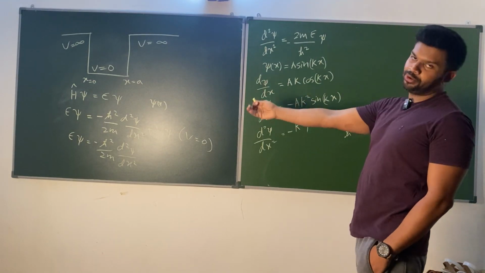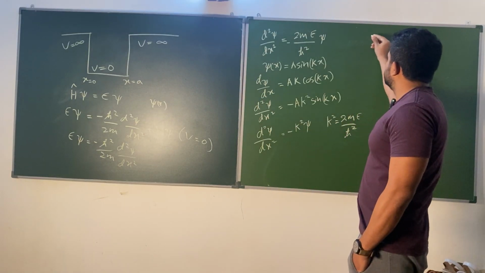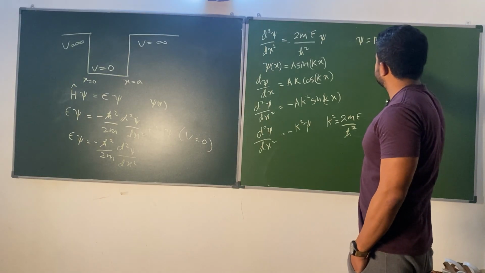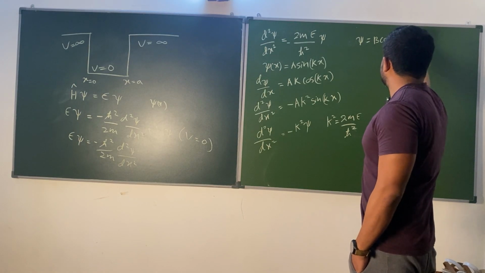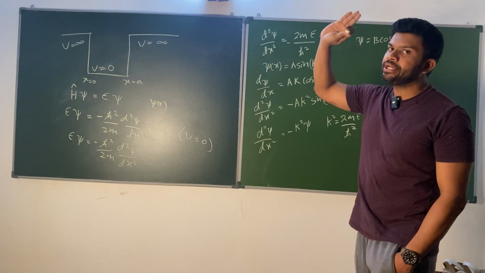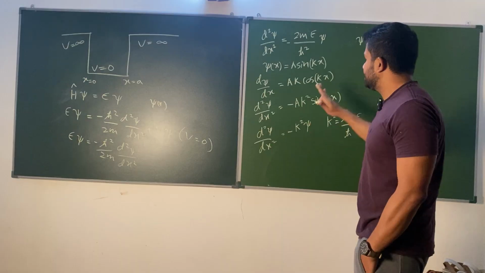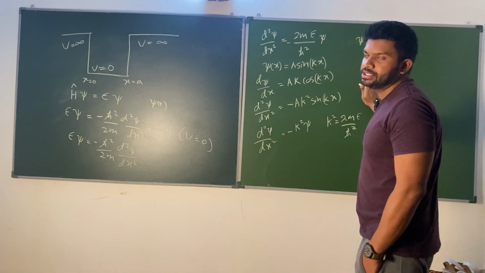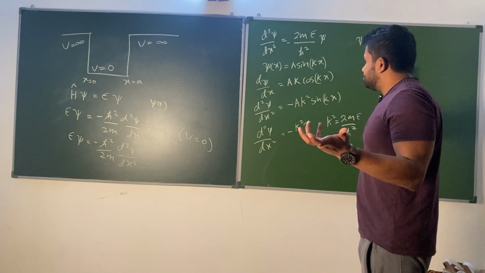You can work it out, guys, you are smart enough to work it out. I'm pretty sure you will end up with the same sort of solution. So then now we have two solutions, guys. I'm not going to simplify this, you are smart enough to do that, and you'll end up with the same solution.